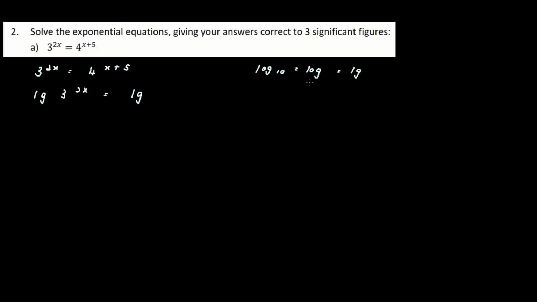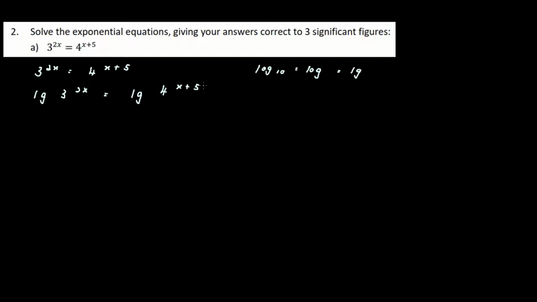But normally when you look at your textbook, they use log, so it depends on which one you want to take. I take algae because I do not want to have the case where I write log but actually forgot the base. I want to differentiate between a normal log with a base and the log 10. Okay, so algae of 3^(2x) equals algae of 4^(x+5).